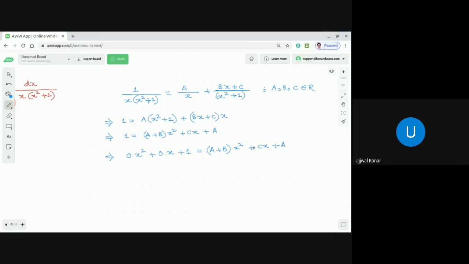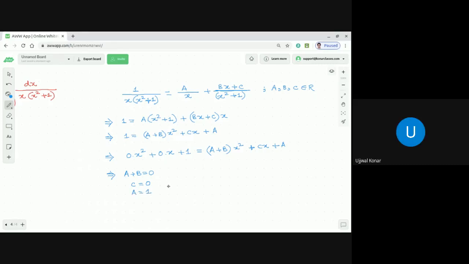Did you get my point, dear students? So from here, why did I write like this? Now the coefficient on the left hand side should be equal to the coefficient on the right hand side of the like term. That means the coefficient of x square on the left hand side, which is 0, should be equal to the coefficient of x square on the right hand side, which is a plus b. So that gives a plus b is equal to 0. Then what do we get? c is equal to 0. Correct or not? And a is equal to 1.